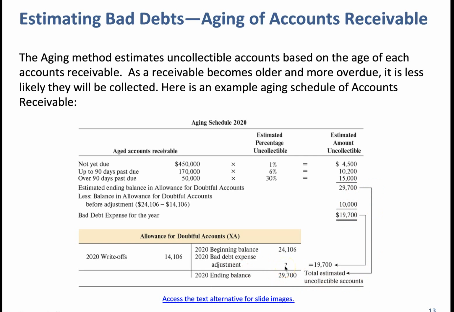That would just be solving the equation 24,106 plus x minus 14,106 equals 29,700. You solve for x, the question mark here, and get 19,700 as the bad debt expense adjustment.